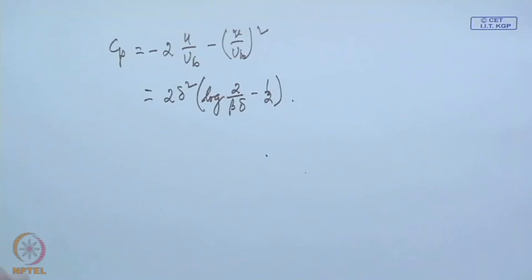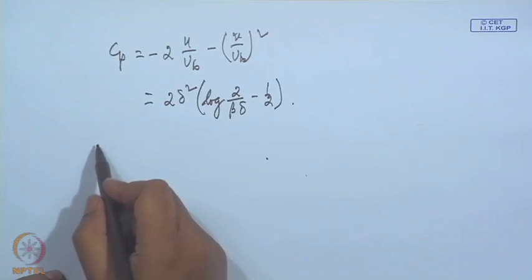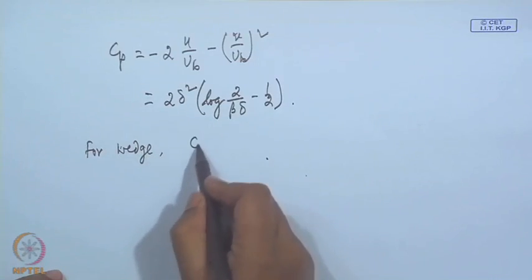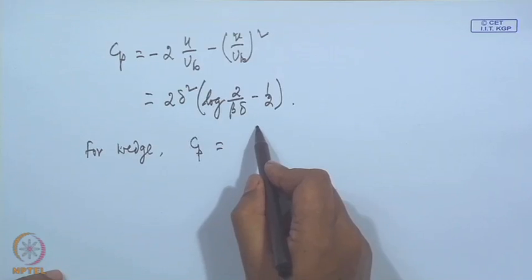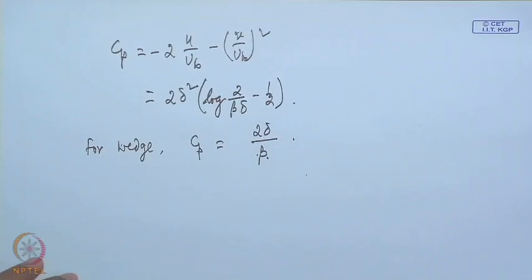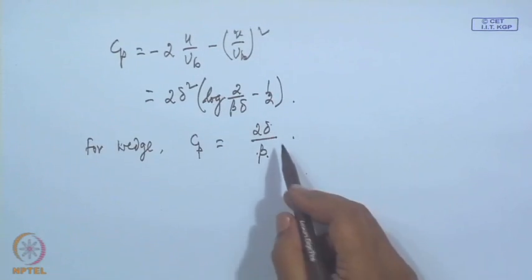Now, for this cone, the equivalent two dimensional body is a wedge, and we have earlier seen that for a wedge the pressure coefficient is, you remember, 2 by root over m infinity square minus 1 into theta, where theta is the semi vertex angle, which we have denoted here by delta.